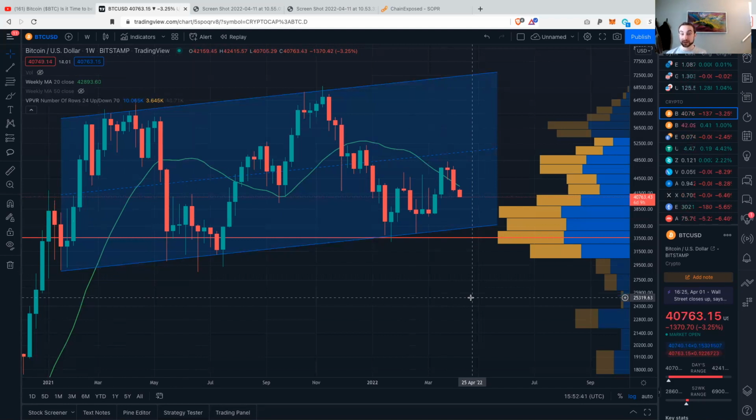That would represent probably a capitulation. And given the macro uncertainty, it certainly seems possible that capitulation could happen. There's no knowing if and when it will, but we would be looking probably below 30K, maybe in that 29K region as a potential target if there were to be a really dramatic move to the downside.